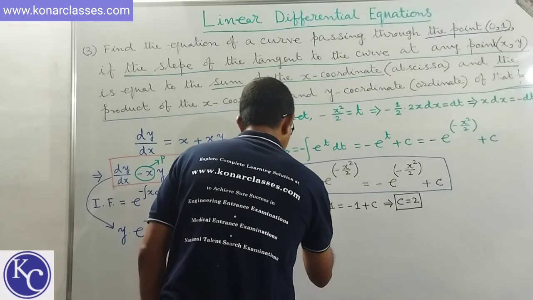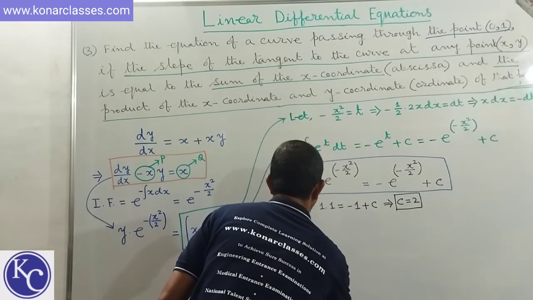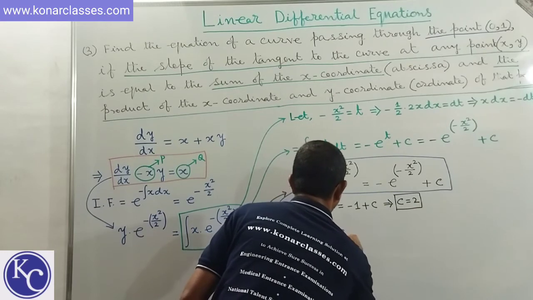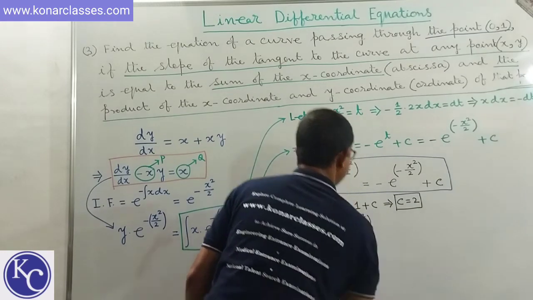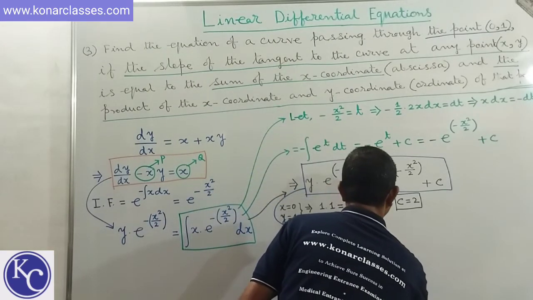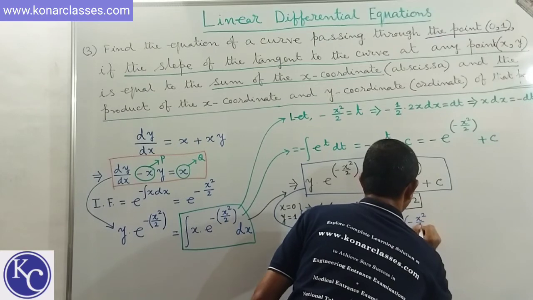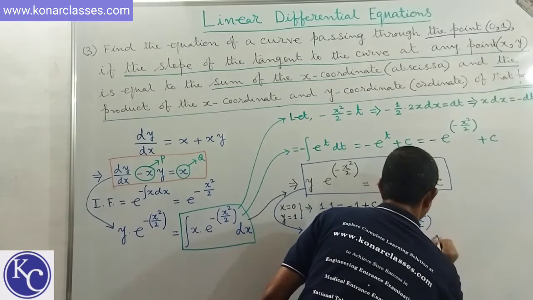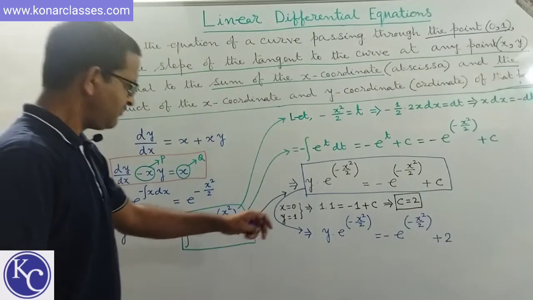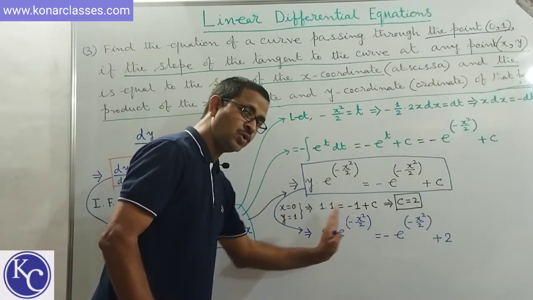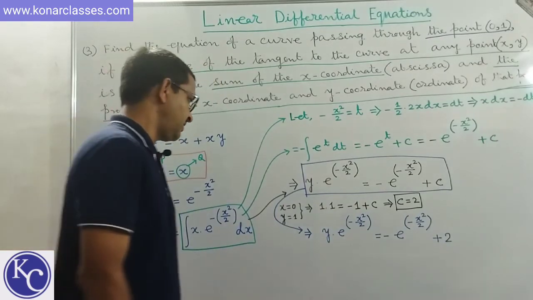So what is the solution to the given differential equation we are going to get? This implies y into e power minus x square by 2 is equal to minus e power minus x square by 2 plus the integrating constant value we got, 2. For further simplification, we can multiply both sides by e power x square by 2.